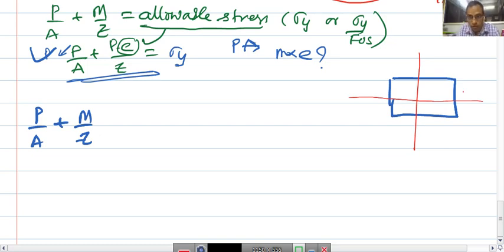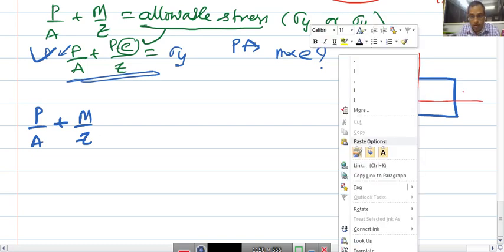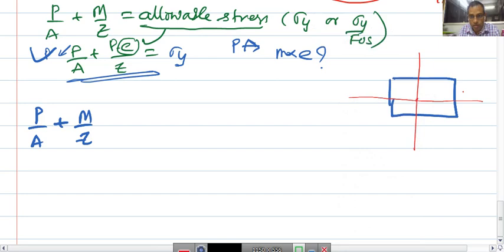So, if my load is somewhere here, a P load, right, this becomes my eccentricity E. So, let us say this is the AA face, and this is the BB face.